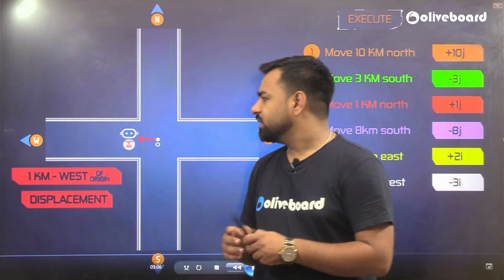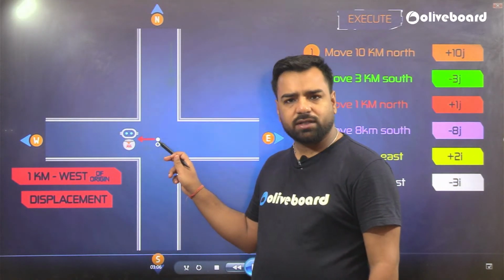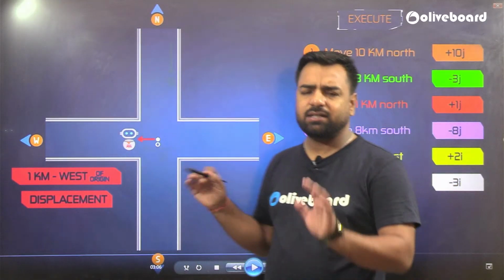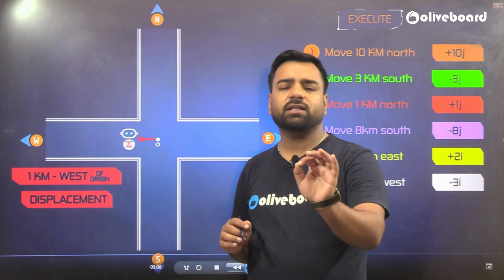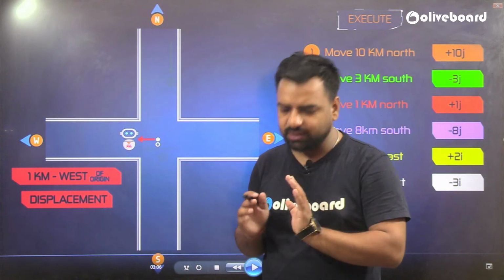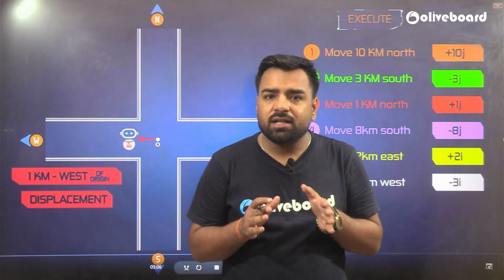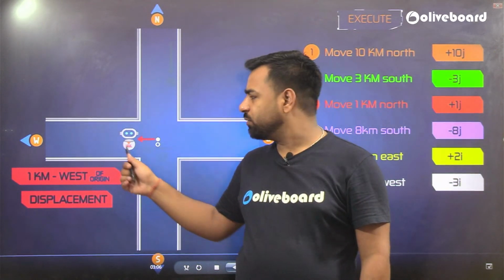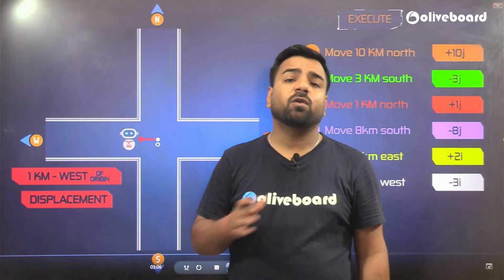Now, if someone asks me, sir, what is the present position of this particular robot? The starting point, the origin, was this, and if I remove all those conditions, because in displacement the only thing that matters is your initial position and the final position. The initial position was this origin and the final position is this. It doesn't matter what path has been taken.